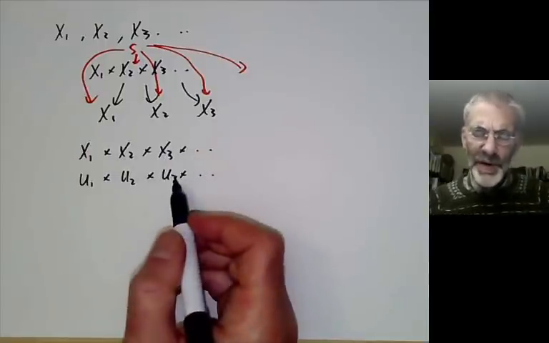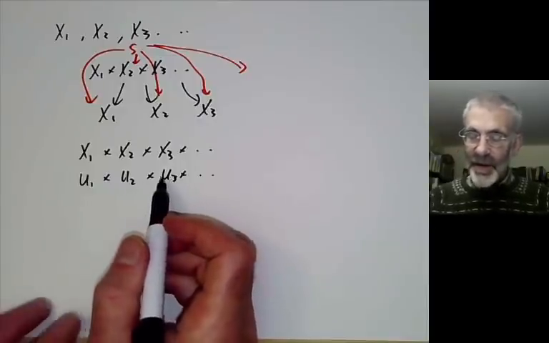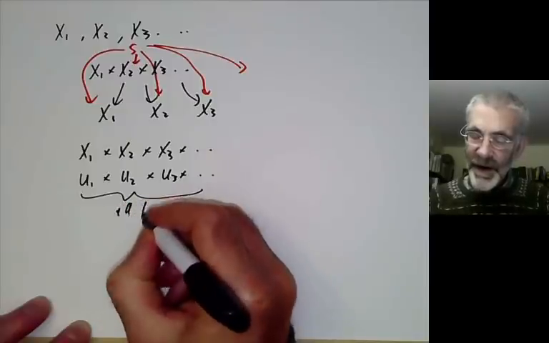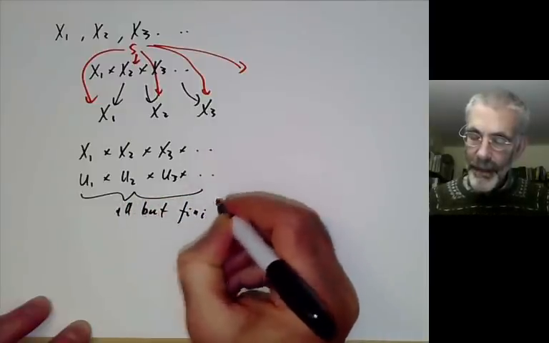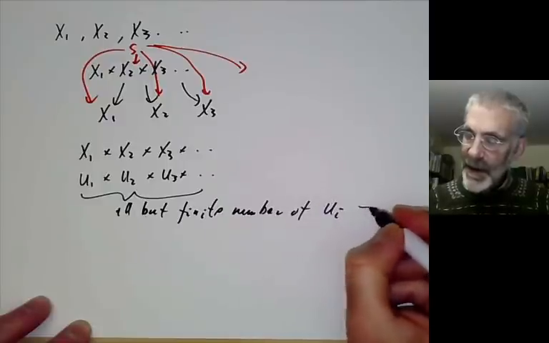It gives you a topological space, but it's called the box topology, and it's not really a very nice one. The correct topology is one where all but a finite number of Ui are equal to Xi.